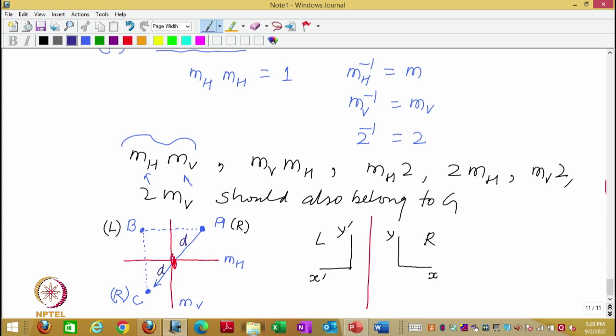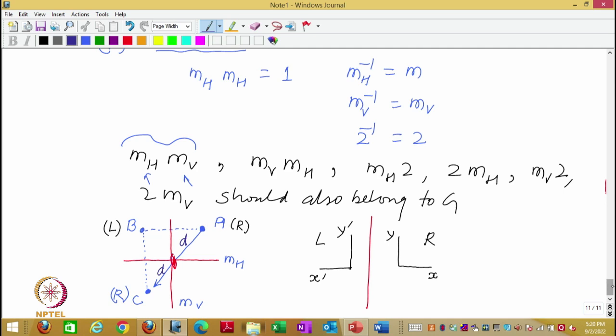So, a right handed object located here at arm's length is going 180 degree away to arm's length, then what is the operation which is relating the two? 180 degree rotation about the vertical axis.